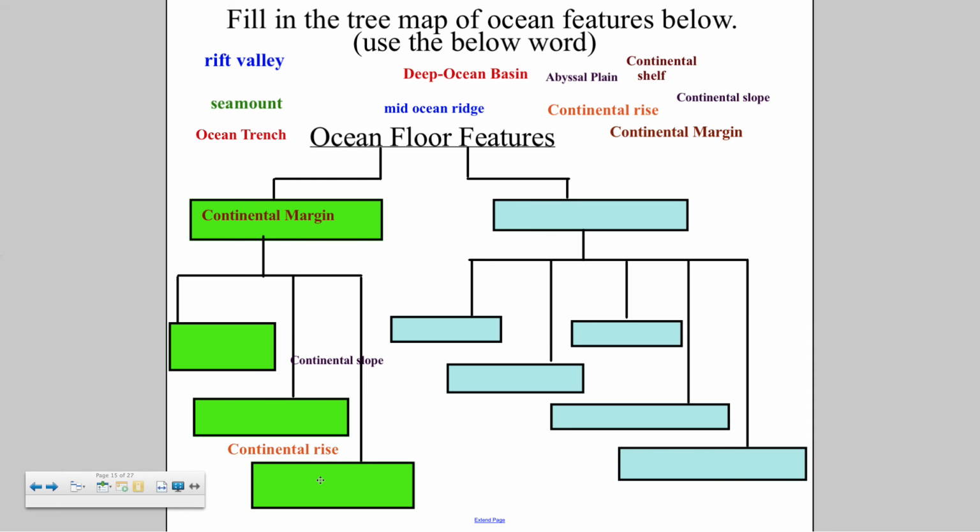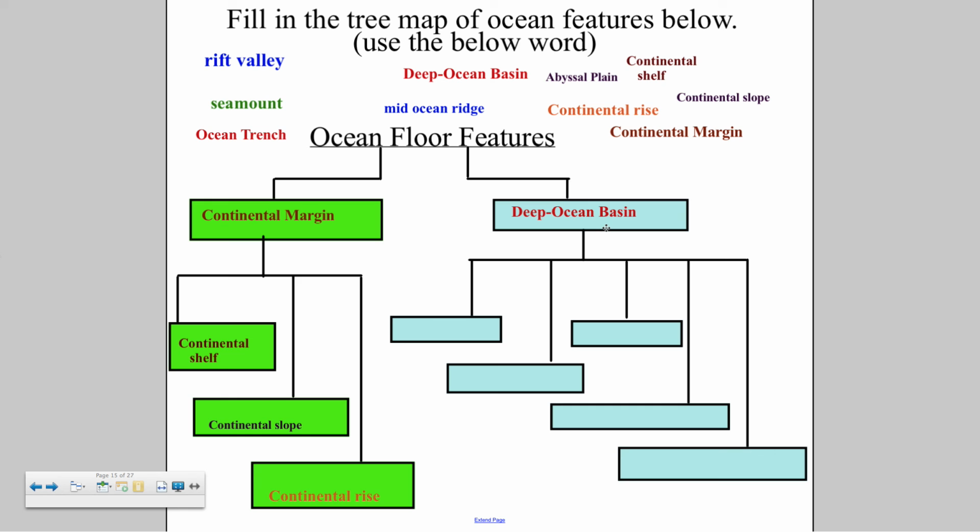I'm actually going to put them in order. You don't have to, but I am, just for the sake of it. So you have your continental shelf, continental slope, and continental rise. So the other side has to be your deep ocean basin.